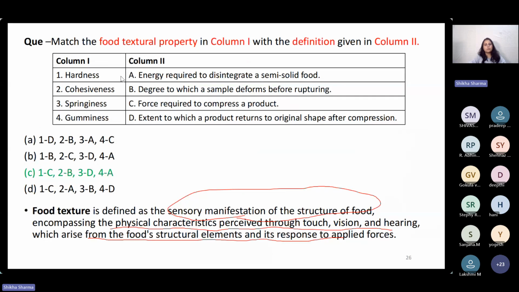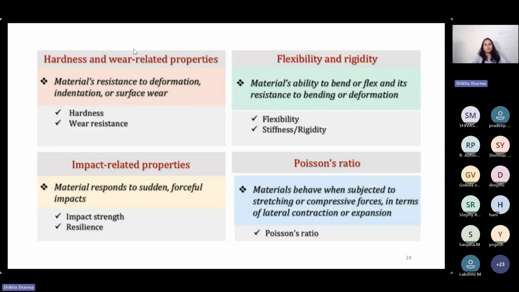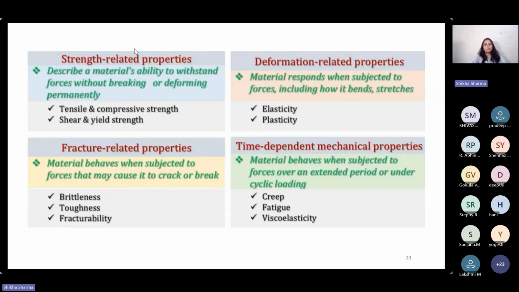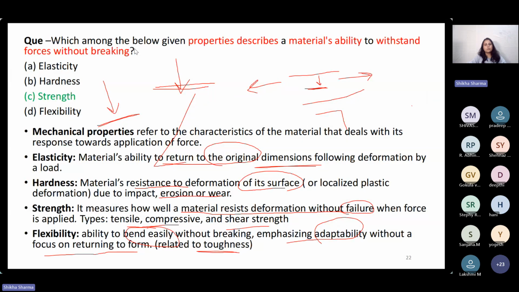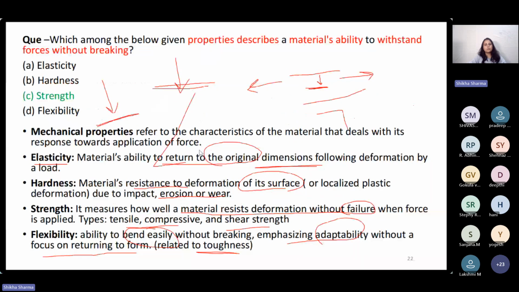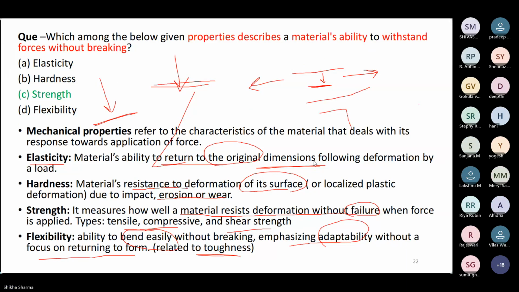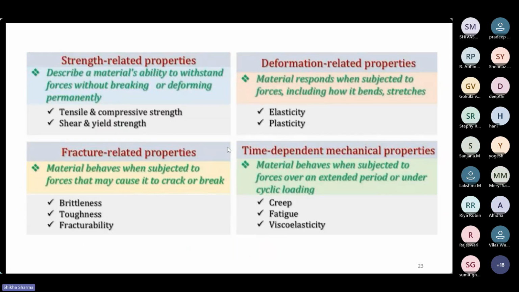Textural properties also come under the mechanical properties. Mechanical properties include elasticity and hardness, which we also discussed in the textural properties. In mechanical properties, strength-related properties relate to the material's ability to withstand forces without breaking or deforming.